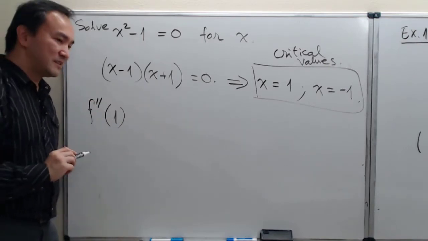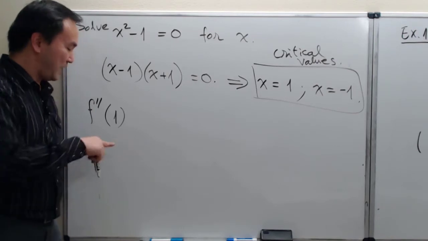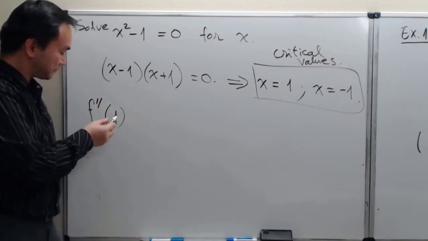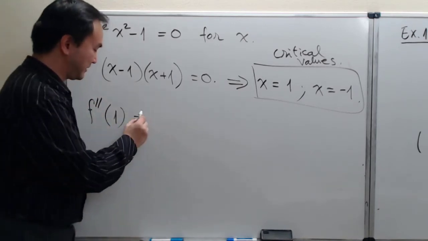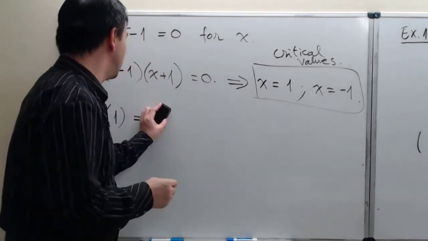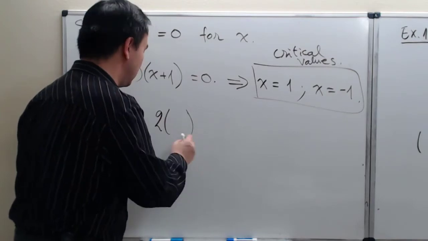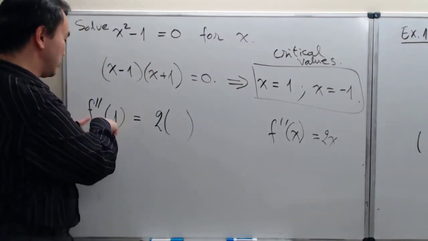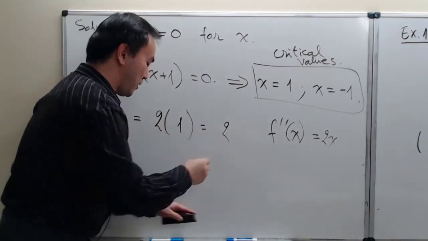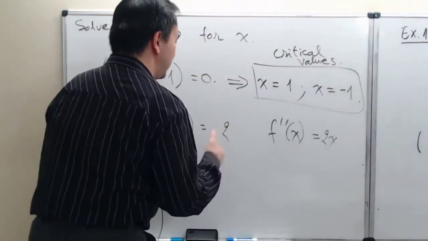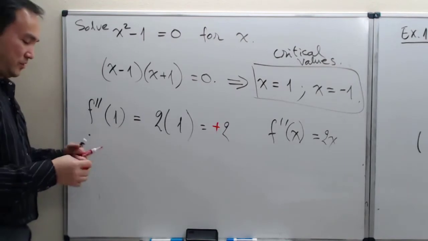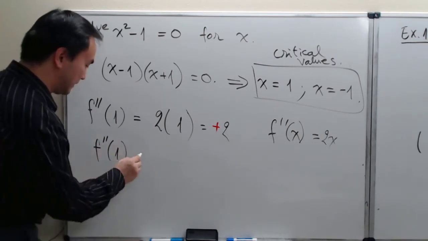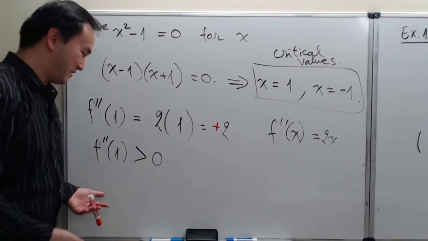The second derivative we found was 2x, so f double prime of 1 is 2 times 1, which equals 2. What matters is that it's a positive value. So f double prime at the critical value x equals 1 is positive.